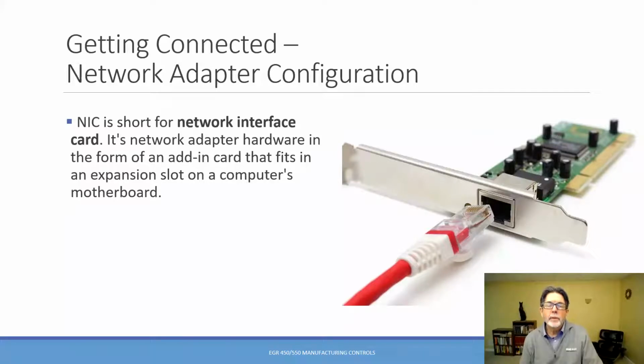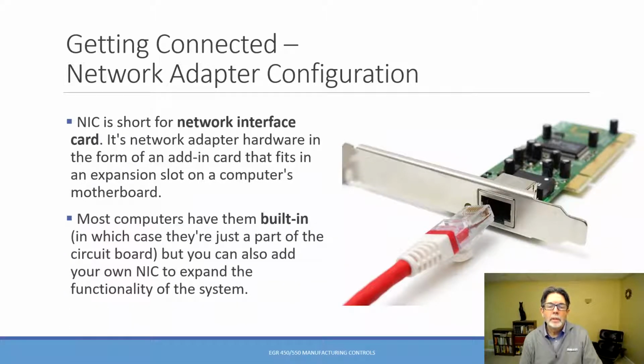It's the physical card that allows connection to the Ethernet cable, and we need to configure that hardware to talk on the Ethernet with the IP address necessary to make the connection that we want. So nowadays, NIC cards are typically built in to the processor and would be part of the motherboard, the main circuit board.